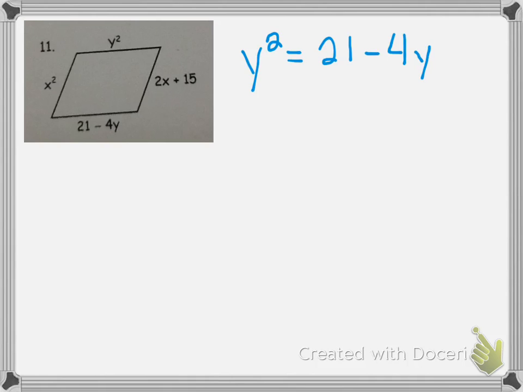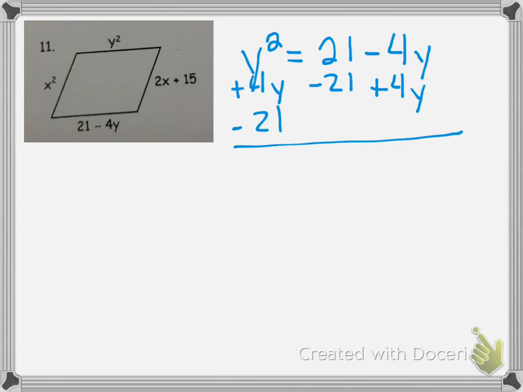So we're going to move everything over to one side. So in order to do that, I'm going to add 4y to both sides, and I'm going to take away 21. Okay, so I'm going to add 4y here. I'm going to take away 21. And basically all I'm doing is rearranging. So now I have y squared plus 4y minus 21 equals 0.